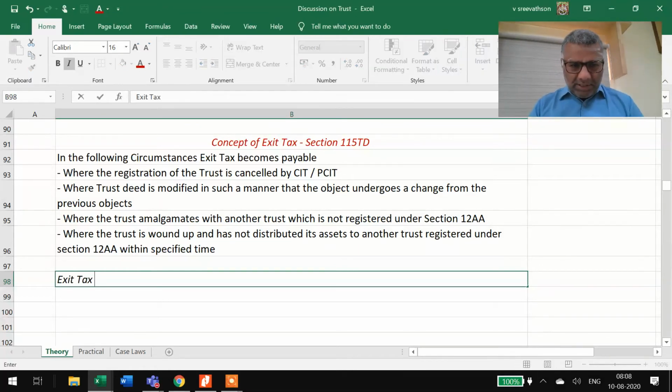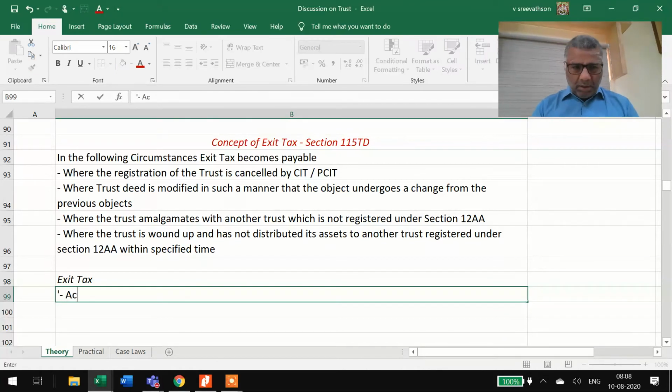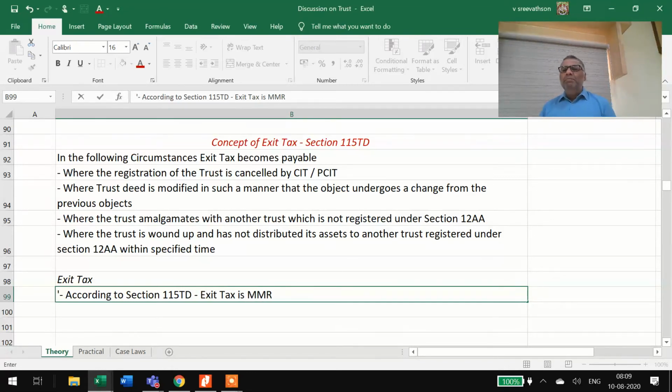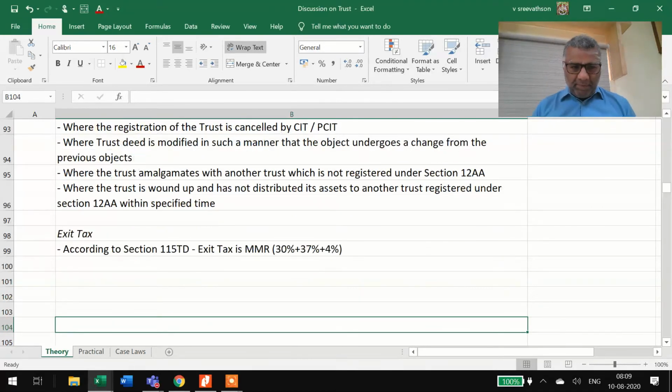What is this exit tax? According to section 115TD, exit tax is MMR, maximum marginal rate, which is 30% plus 37% plus 4%. Okay, exit tax is a maximum marginal rate.